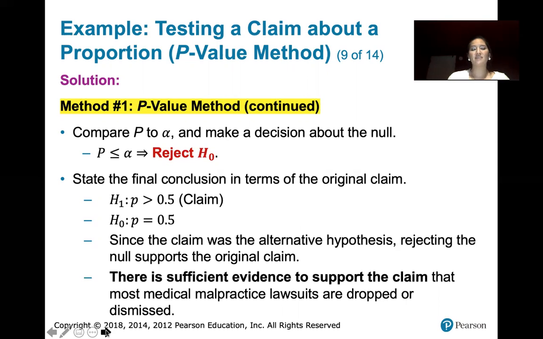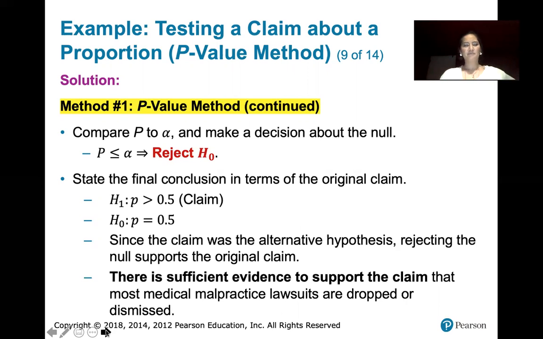So there's sufficient evidence to support the claim that p is greater than 0.5, but people don't know about p. People want to hear about the medical malpractice lawsuit. So we want to put it into terms everyone can understand. So we'll say that there's sufficient evidence to support the claim that most medical malpractice lawsuits are dropped or dismissed.